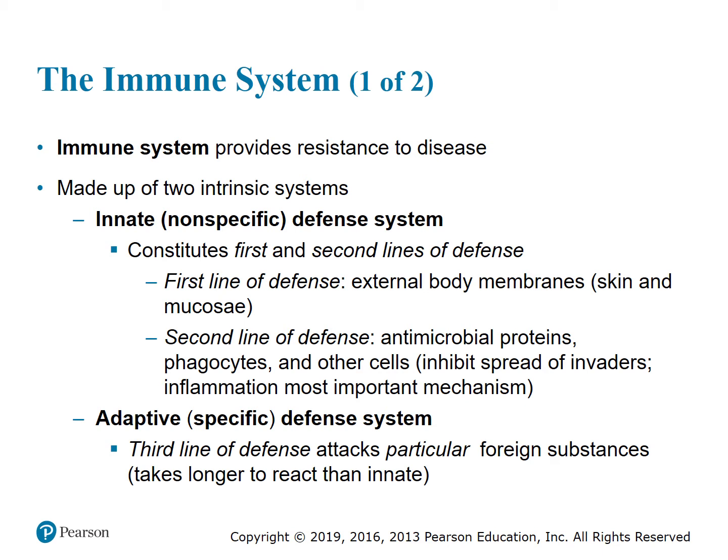Whereas the second line of defense involves antimicrobial proteins, phagocytes, and other cells that inhibit the spread of invaders. Inflammation is actually the most important mechanism in the second line of defense. In the adaptive defense system, the third line of defense attacks particular foreign substances, and it takes longer to react than the innate defense system.